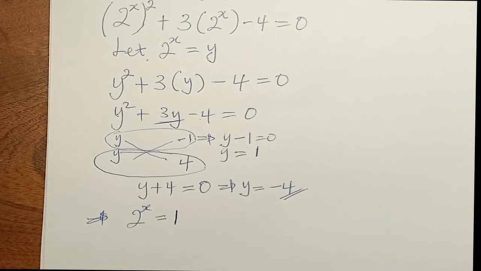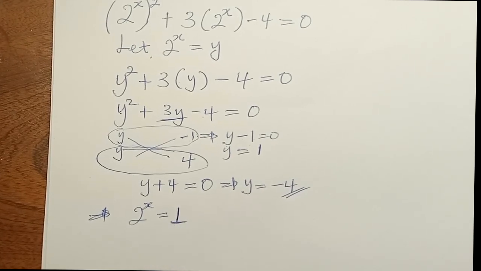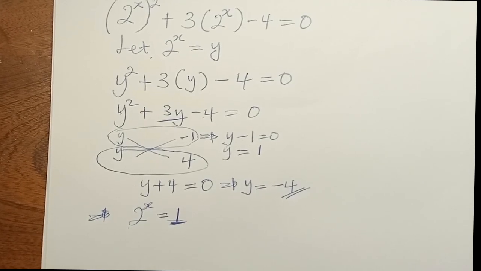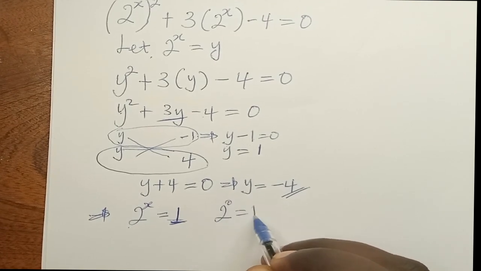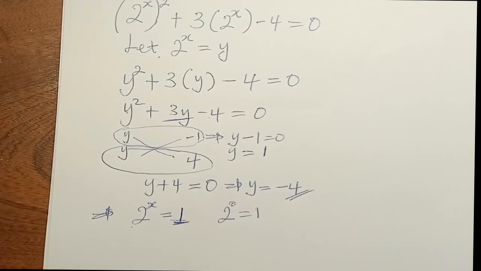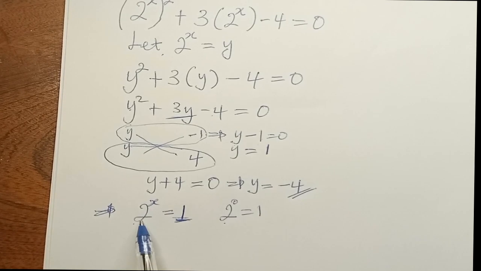So we ask ourselves, what power on the base of 2 is going to give us 1, which is the one here? By using the law of indices, we know that 2 raised to the power 0 is equal to 1. That is, anything raised to the power 0 is equal to 1. In other words, the reason why we must use 2 is because it should have the same base as this one on the left-hand side.